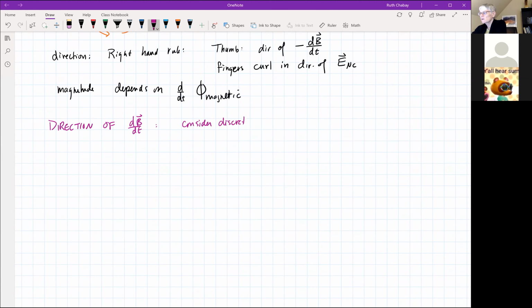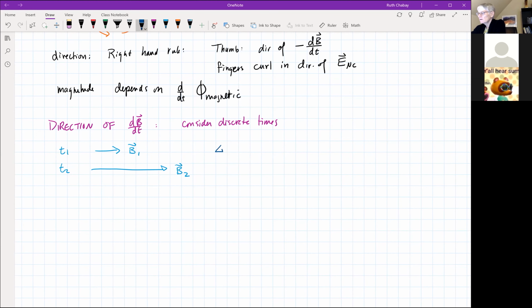Or discrete times. So let's say at time t1 we have a magnetic field B1 in that direction. And at time t2 we find that we have a larger magnetic field in the same direction.